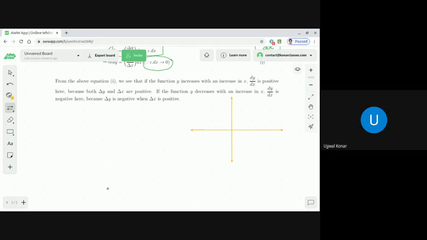So what I wanted to mean is that this is the origin. This is the positive direction of the x-axis. This is the negative direction of the x-axis. This is the positive direction of the y-axis. This is the negative direction of the y-axis.